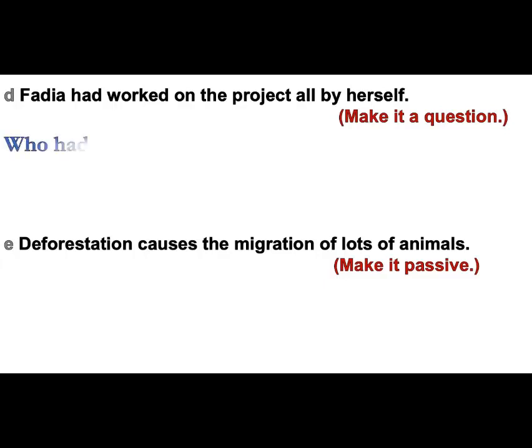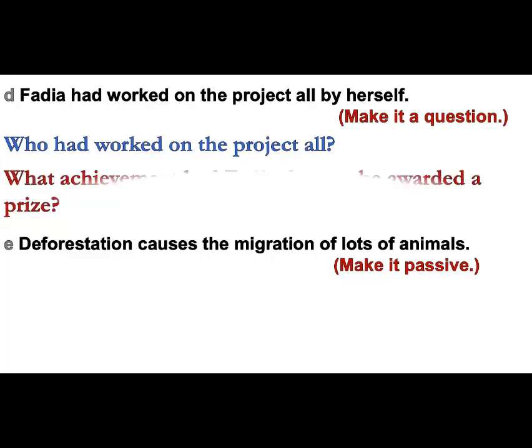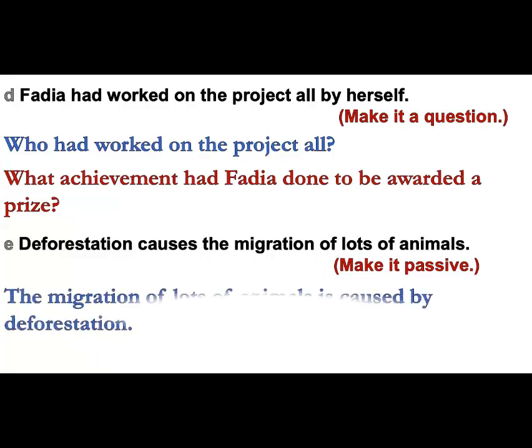The answer is, who had worked on the project all by herself? E. Deforestation causes the migration of lots of animals. Make it passive. The answer is, the migration of lots of animals is caused by deforestation.